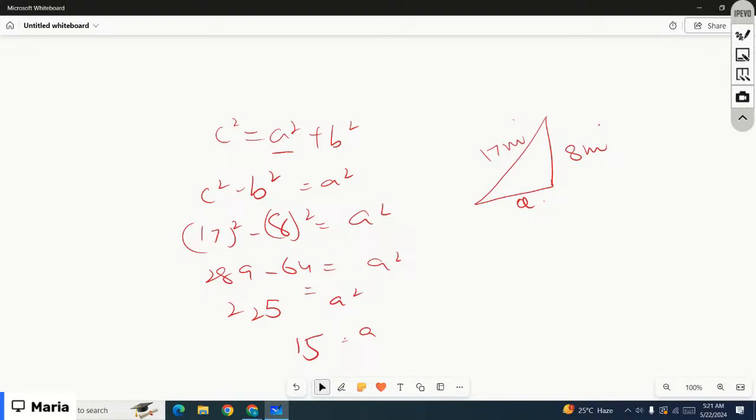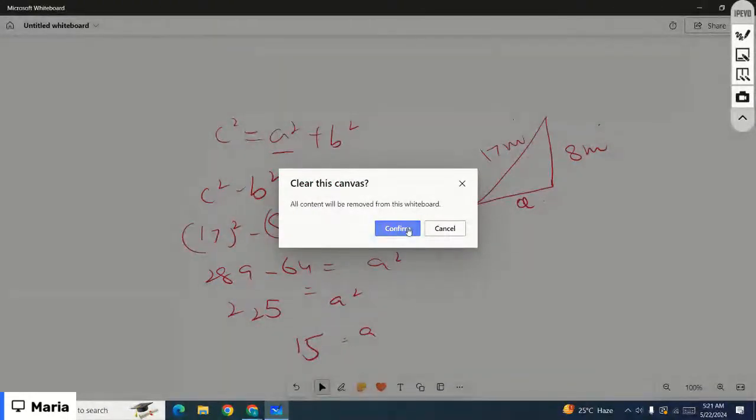Okay, the other example is the next, that is 5 miles, 13 miles.